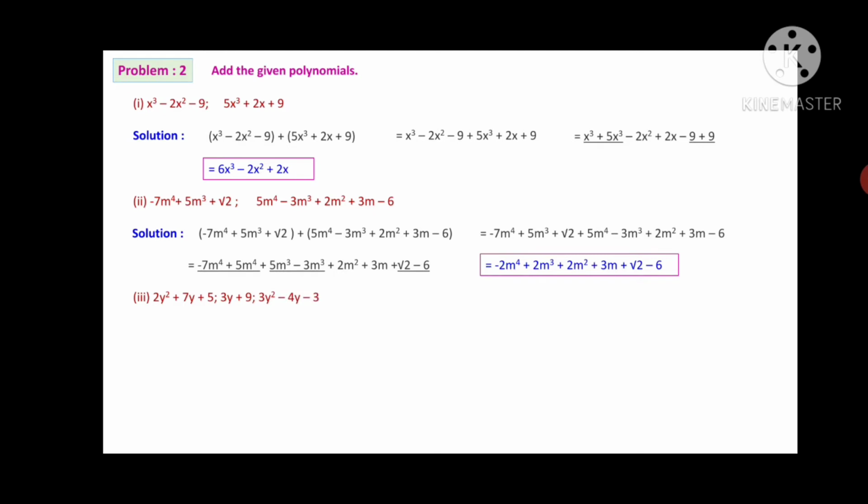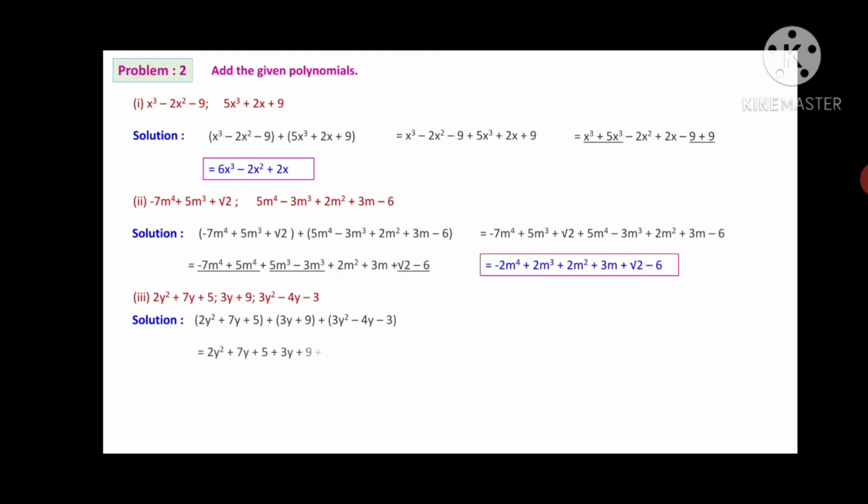Next, 2y square plus 7y plus 5, 3y plus 9, and 3y square minus 4y minus 3. It could be written like this: in one bracket 2y square plus 7y plus 5, in the next bracket 3y plus 9, and the third one 3y square minus 4y minus 3.